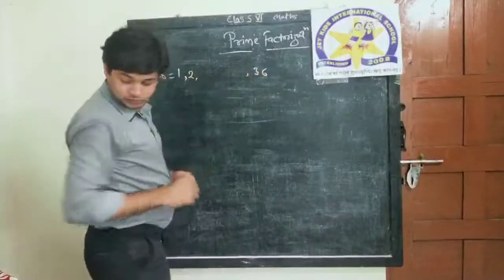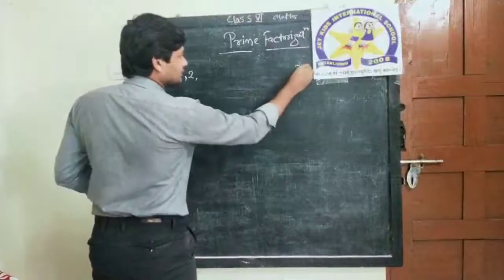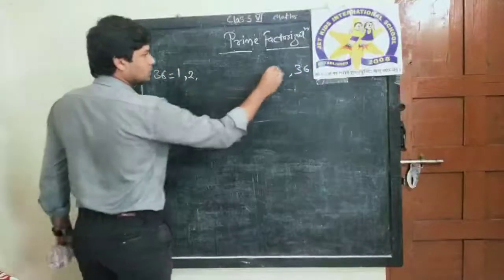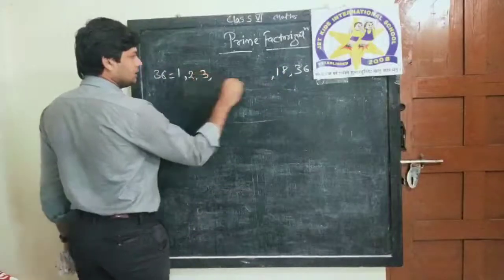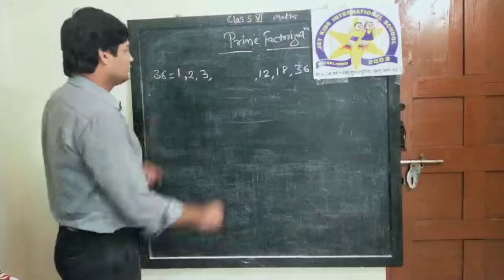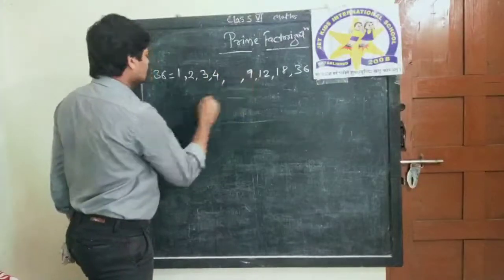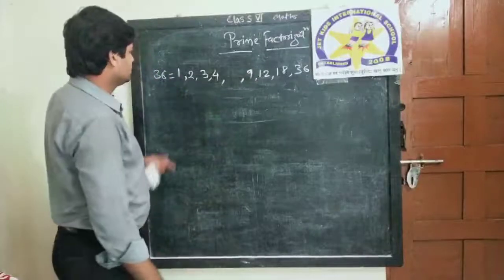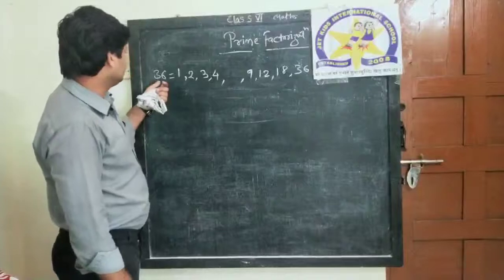Then 2 and 18, right? 3 and 12, right? Then 4 and 9. Then 5, do we have 5 as a factor of 36?